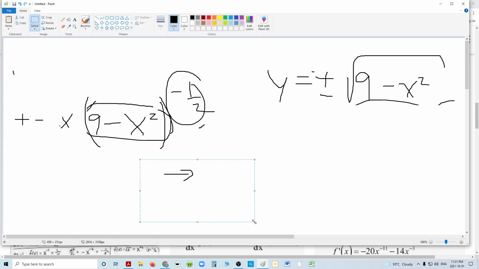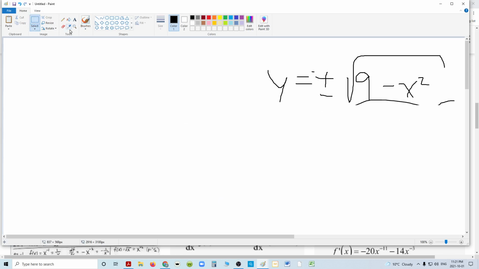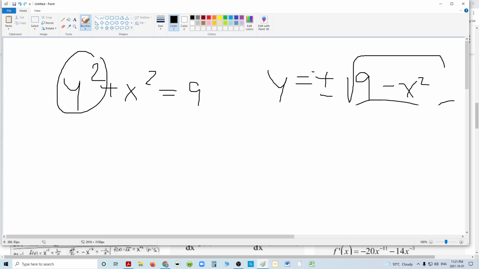Let's instead look at implicit differentiation, which means I'm going to leave it like this, and I'm going to take the derivative of y based on changes of x. But it's clear I can't see how y is changing based on x. So what I must do is sort of the chain rule.